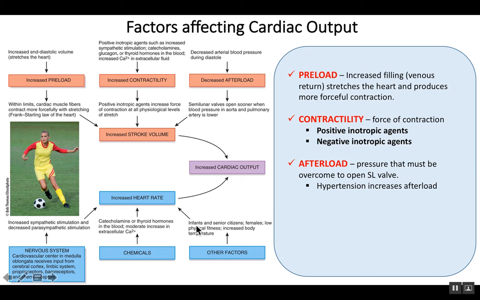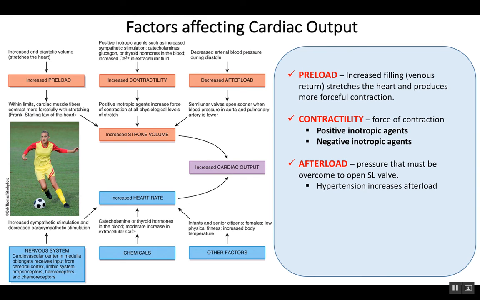And then other things like infants and senior citizens typically on average have higher heart rates. Females do. Endurance athletes have high physical fitness, so they'll have a lower heart rate. Low physical fitness will have a higher heart rate.